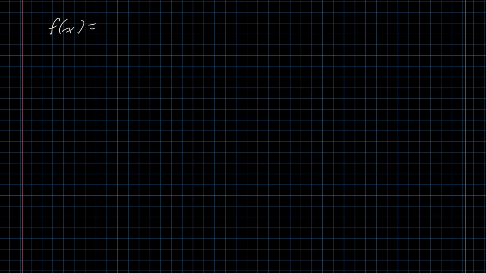All right, let's clear out some space. Let's take a look at a function. How about f of x equals 5x cubed plus 3x squared minus 9x plus 7? You might recognize this function. We analyzed it previously.